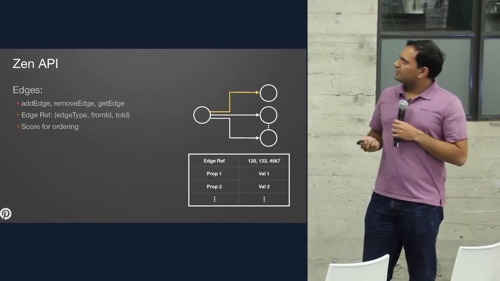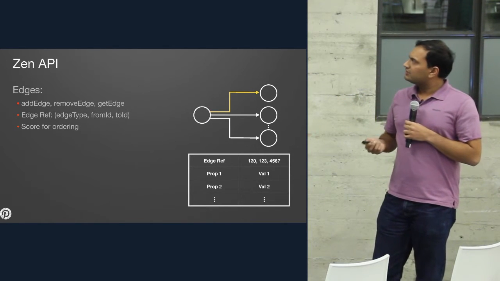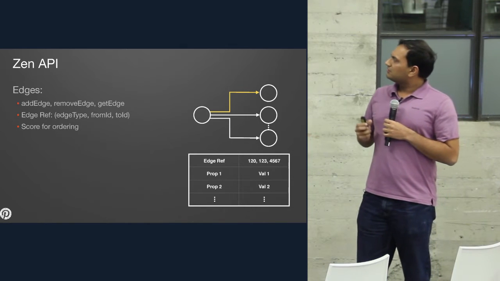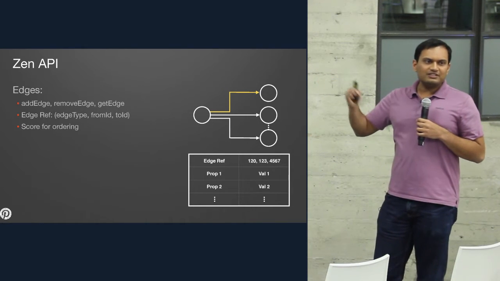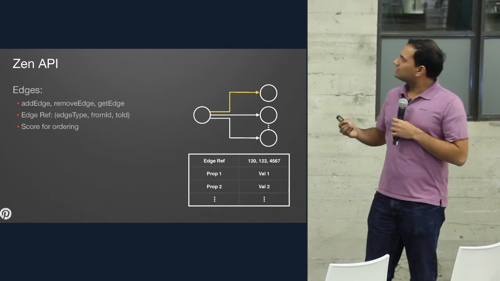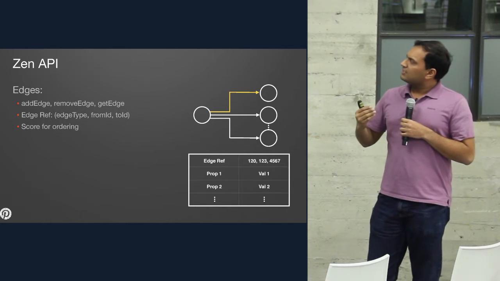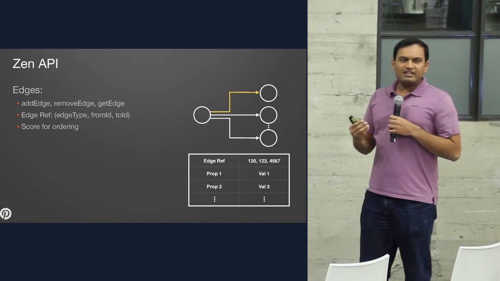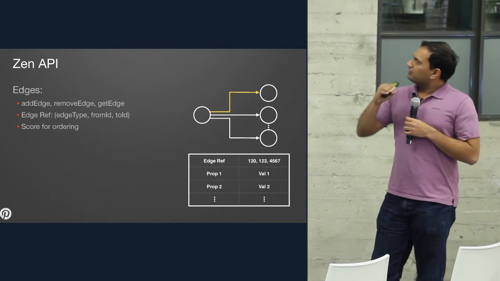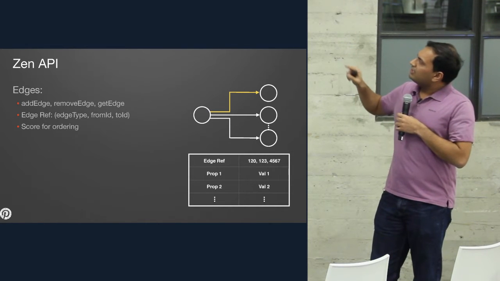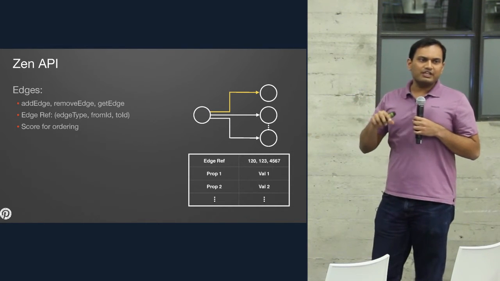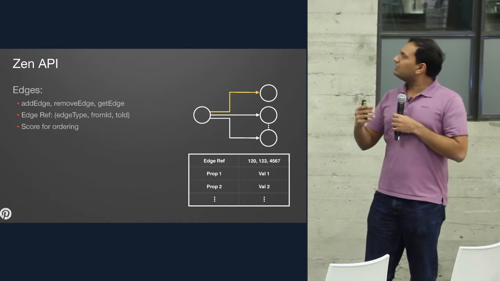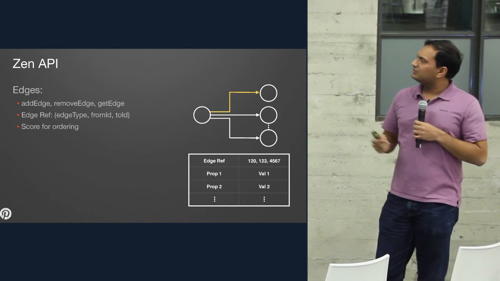And then there's edges. Again, you can do basic CRUD operations on edges. You can also attach properties to edges, just like you can attach properties to nodes. Edges don't have unique IDs. They're referenced by the from node ID, the to node ID, and an edge type. So there can be only one edge of a certain type between a pair of nodes.